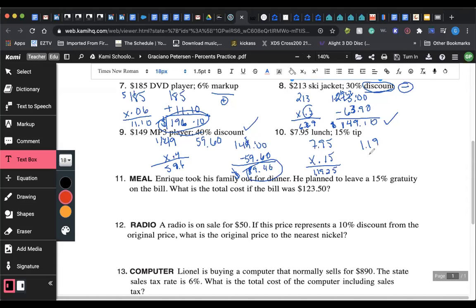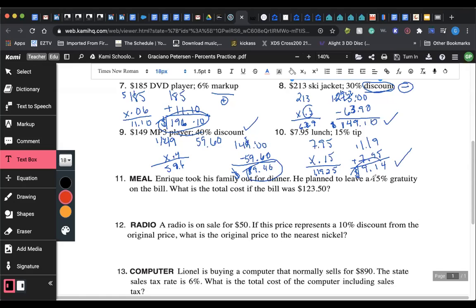I added that to the $7.95, and it gave me $9.14 in total. Very good. $9.14. Excellent.